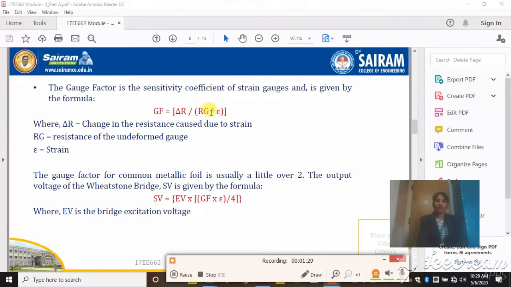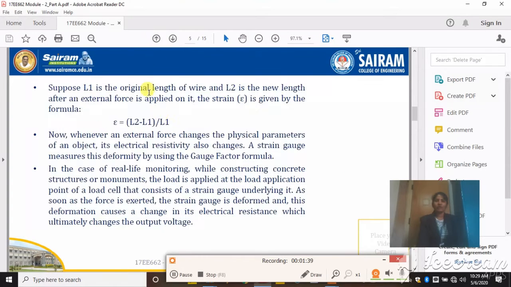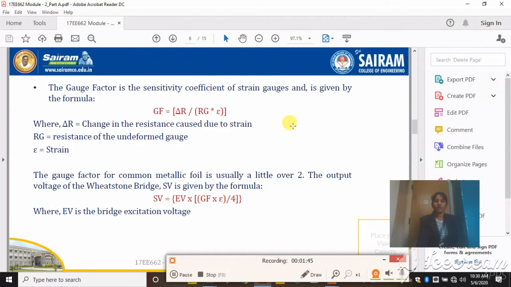Epsilon is your strain. Strain is identified by using (L2 - L1)/L1, that is, change in length divided by your original length.